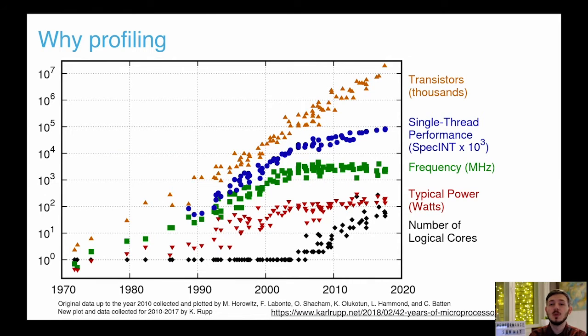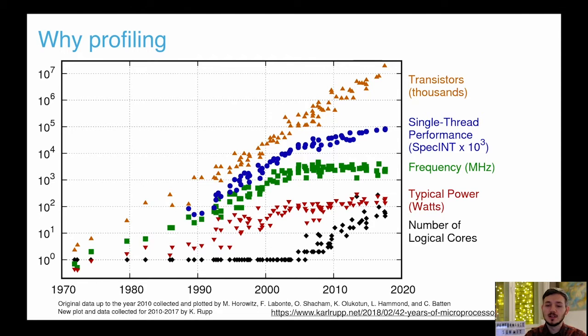Initially, I was going to motivate using profiling by putting this into the context of CPU development, into Moore's law: the transistor count is still growing exponentially, but we are already facing a ceiling on single thread performance, on frequency, and typical power density is still hitting the ceiling at 100 watts.